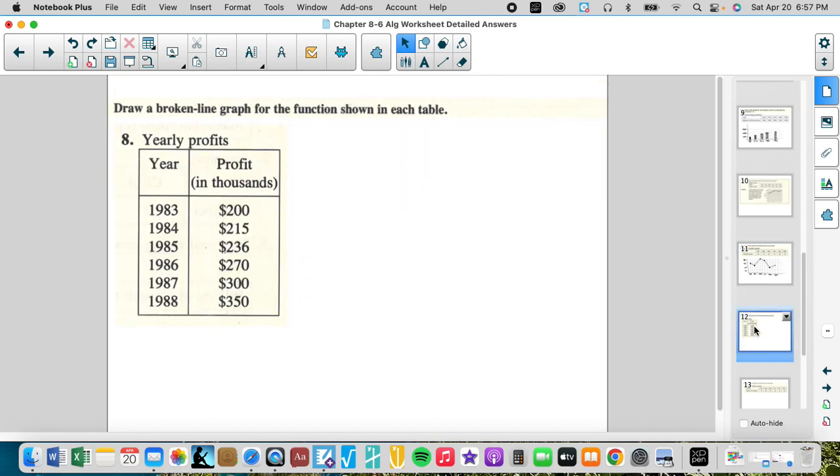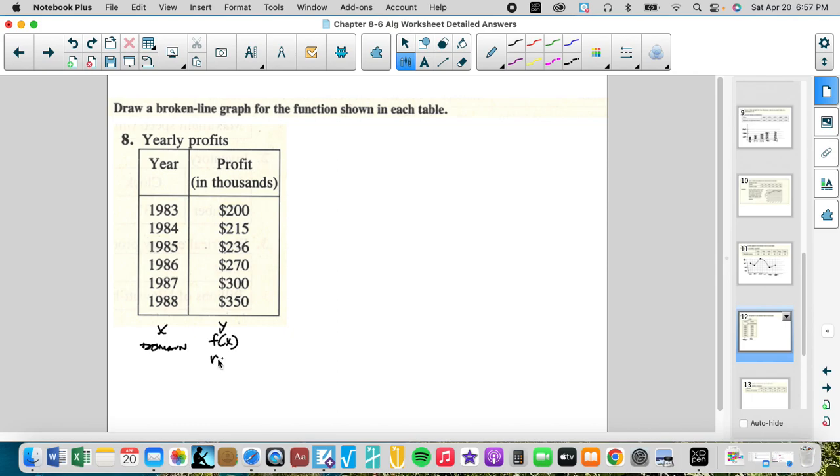Okay. This is going to be my X, or my domain. This is going to be my Y, or my f of X, which will be my range. And I'm doing a graph. We have 1983. So I'm going to label this 83, 84, 85, 86, 87, and 88.